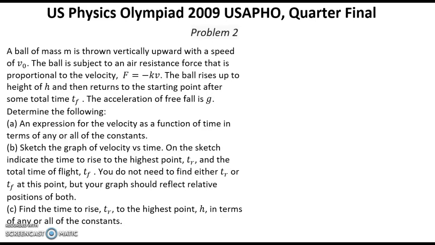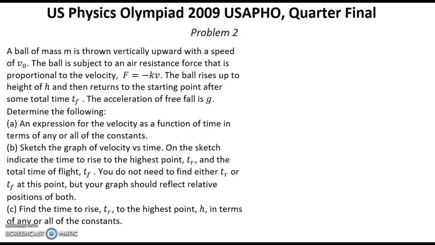Determine the following. A. An expression for the velocity as a function of time in terms of any or all of the constants. B. Sketch the graph of velocity versus time. On the sketch, indicate the time to rise to the highest point tr and the total time of flight tf.